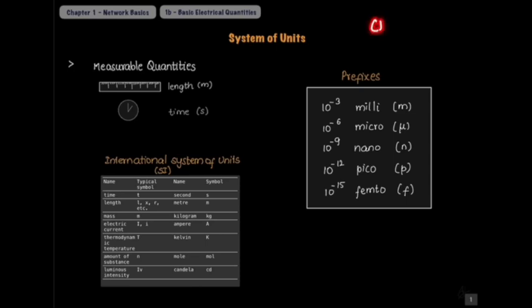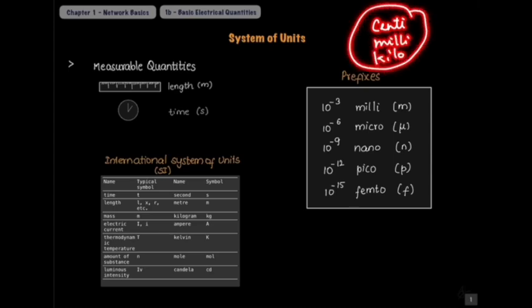For example, we use centimeter, millimeter, kilometer. These all represent the meter, and the centi, milli and kilo that we are speaking of are the prefixes to the base quantity, which is the meter.